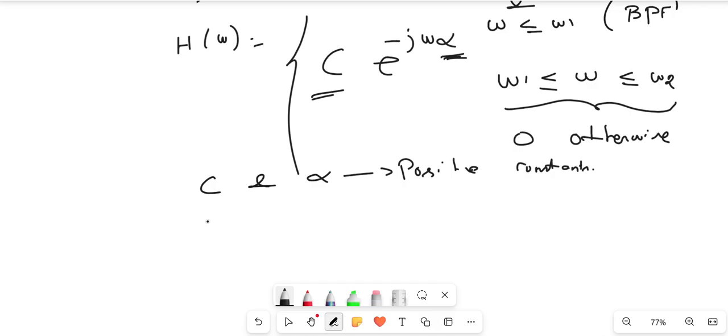So what is the signal at the output of the filter? We know that the signal at the output of the filter Y of omega is equal to X of omega into H of omega, is it?